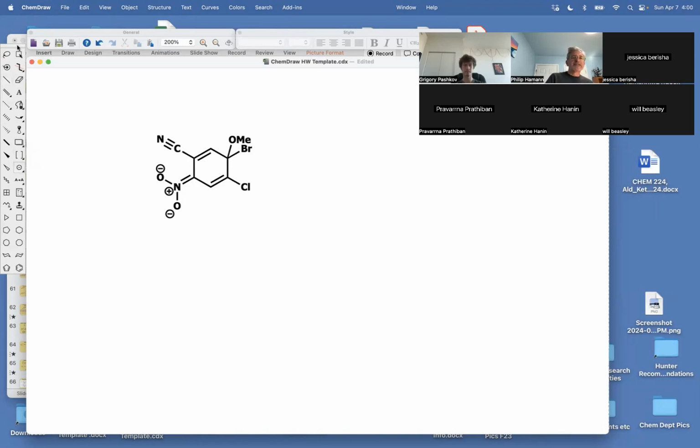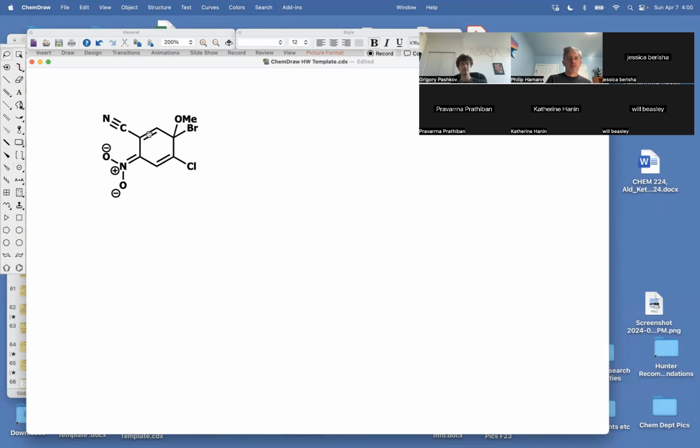Okay, so that's the resonance structure for the nitro. So it's not an SN2 reaction. It's an addition-elimination. It's sp2 carbons. sp2 carbons mean there is no SN2. There is no such thing.